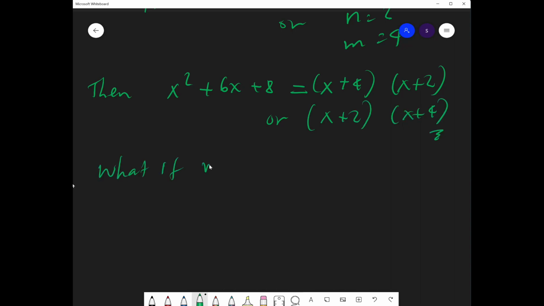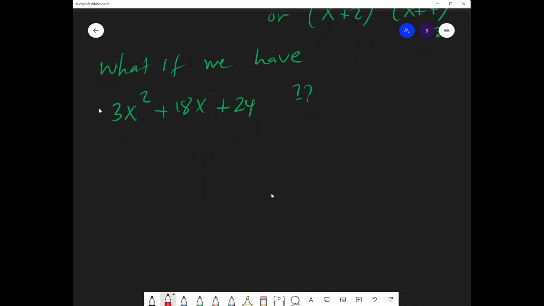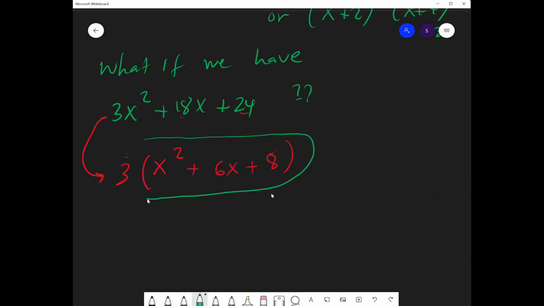What if we have 3x squared plus 18x plus 24? How to factorize it? First, we can take out 3 at the outside and divide the equation by 3. Then in the bracket it will be x squared plus 6x plus 8. Then we factorize this like before.